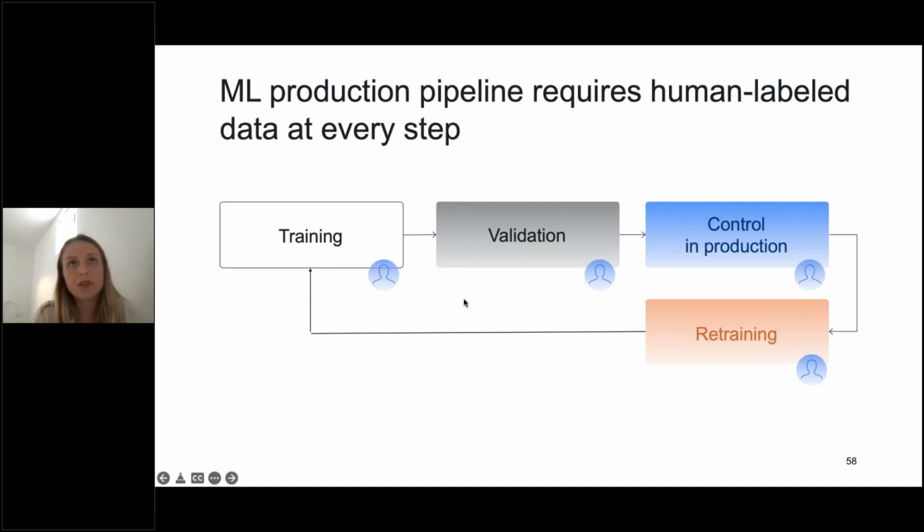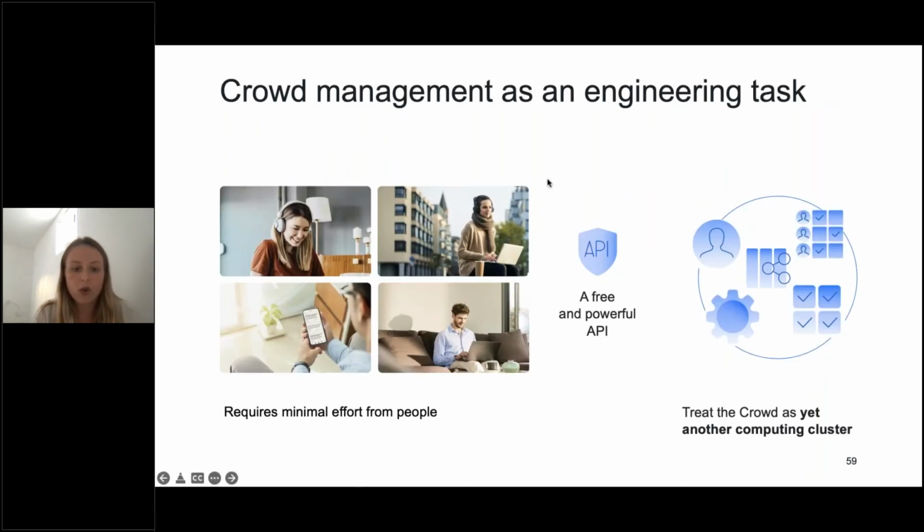So ideally, you would set up your machine learning pipeline using code as well. So this could be done using some kind of API or SDK. This would allow you to treat the crowd as another computing cluster. And this is what we have been trying to do with Toloka.